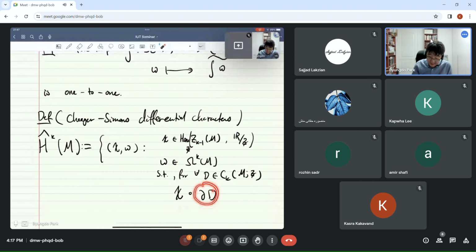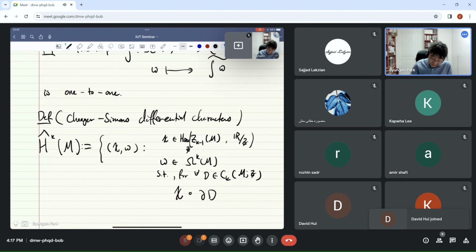Clearly this is a k minus 1 cycle, right? And then this thing should be the same as the integration of omega, this degree k differential form, over d.